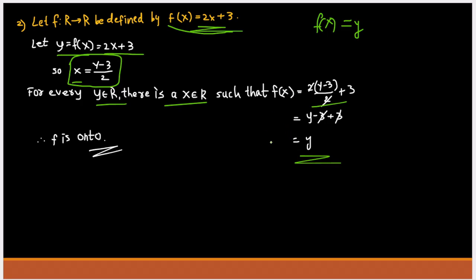So we got f of x is equal to y. This is satisfied. So we can say that f is an onto function.